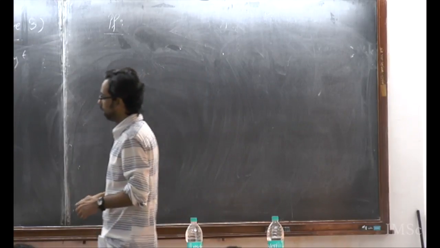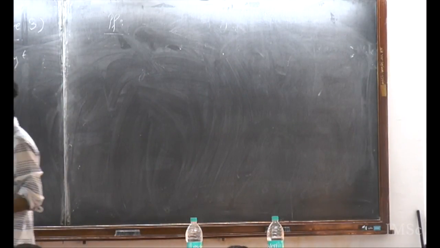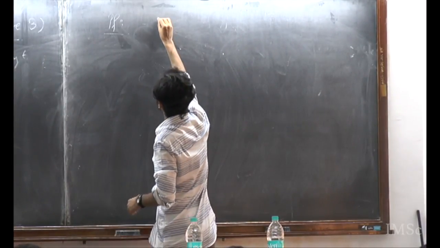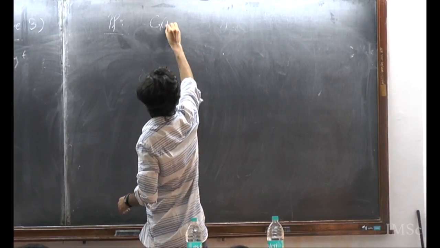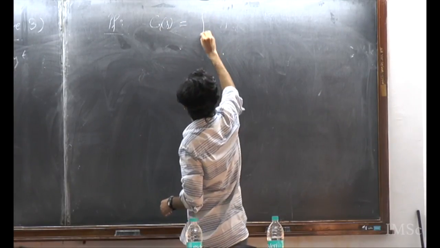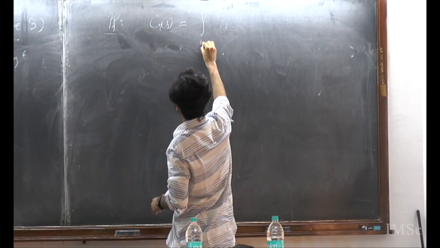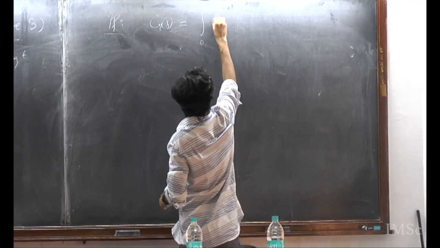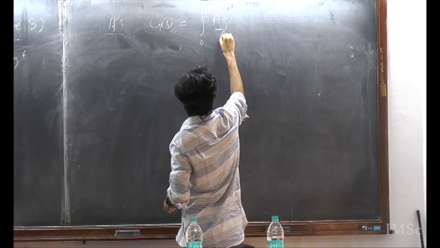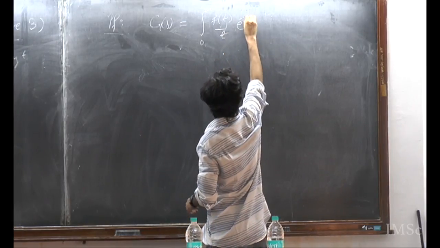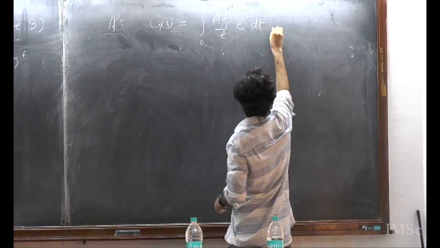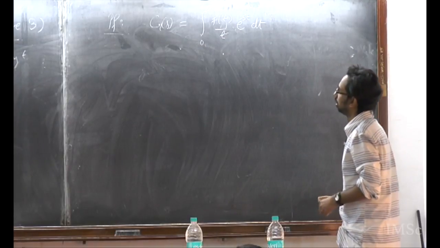So let's start by just writing out the formula. G of s is equal to the integral from 0 to infinity of f of t over t, e to the minus st, dt. Right?